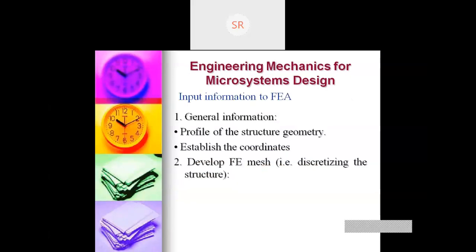Okay, so now what inputs do I need to give into the FEM? I need to give the general information, in the sense, I need to define the structure of the geometry. As an example, say I want to design a chair made of wood, which is capable of handling a person with a weight of 100 kg.